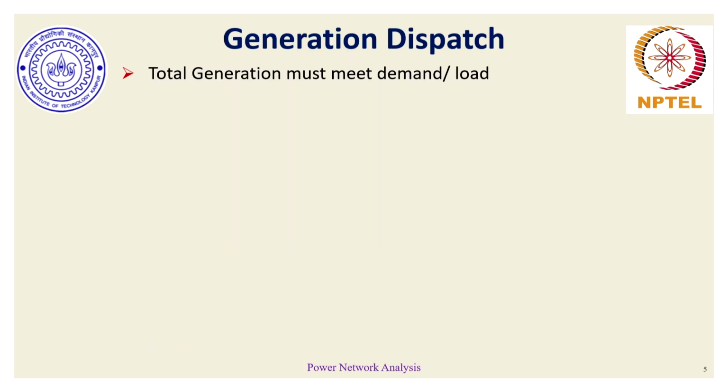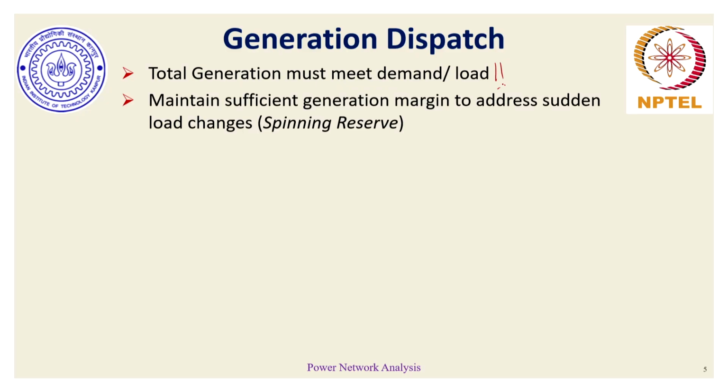Total generation must always meet the demand or the load. In addition to meeting this demand, to ensure system security, it is also expected of a network operator to ensure some generation margin, over and above the committed generation which would meet the demand. We call this a spinning reserve or a rotating reserve.